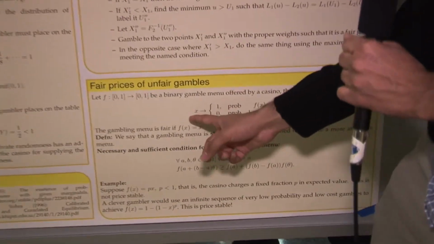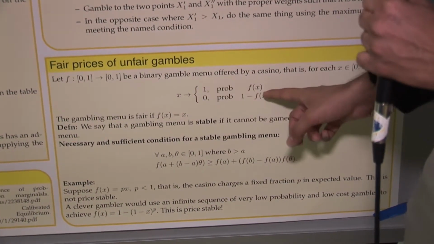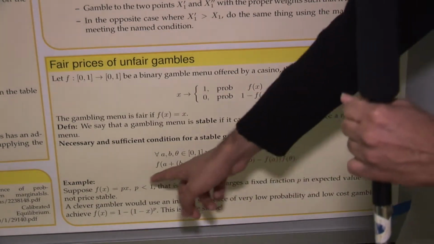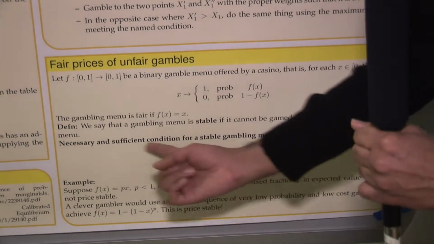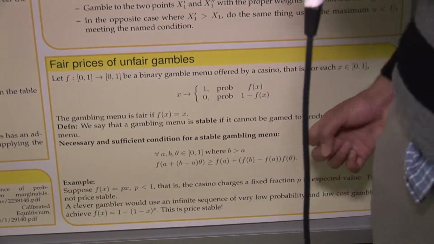here, the casino offers: you put in X dollars, you get $1 with a probability f of X. As long as f of X satisfies this necessary and sufficient condition, no strategy can help you do better.